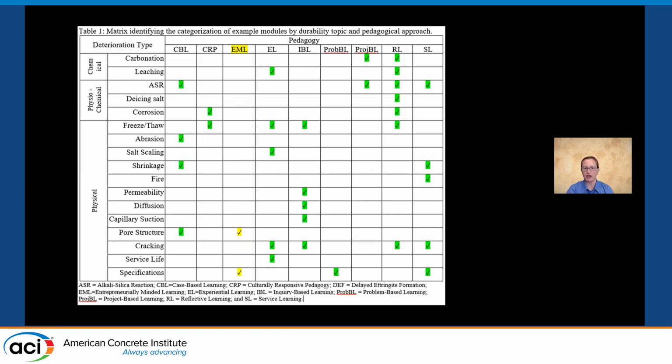And we created a matrix here, and we're not trying to give examples for all of these different places, but the ones in green are ones that we picked. And we have provided in the paper multiple examples for each of them.